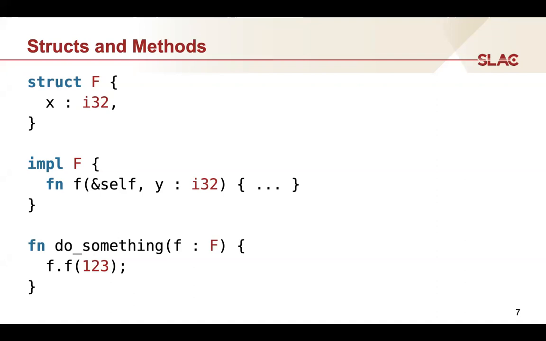So Rust has structs, and they work pretty much like you'd expect, except the one big thing is they do not have methods. This is not a C++ type thing where your data and your methods are grouped together. Data and methods are separate. So in Rust, we have this struct f, which has a field on it. And then we can have methods; in this case, we're going to implement something on f.